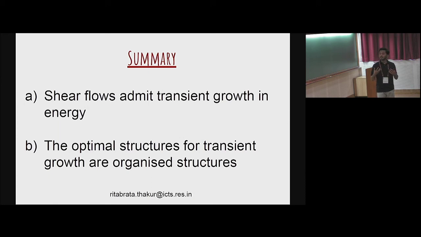And as you have seen, these are streamwise vortices aligned in the streamwise direction, and they could be rows of structures, or they could be a single row of streamwise vortices. And we have plans to expand it, to do other kinds of simulations and to go to different parameter space. Yeah, that's it. Thank you.